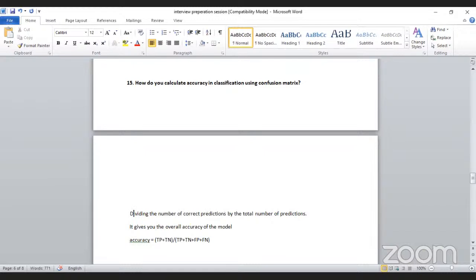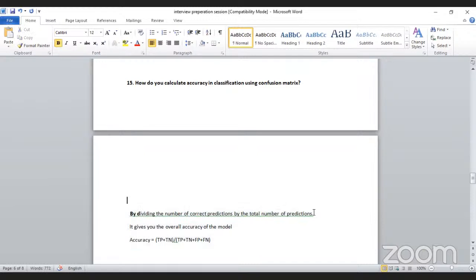So, how do we calculate accuracy in classification using confusion matrix? By dividing the number of correct predictions by the total number of predictions. Yes, that's right.